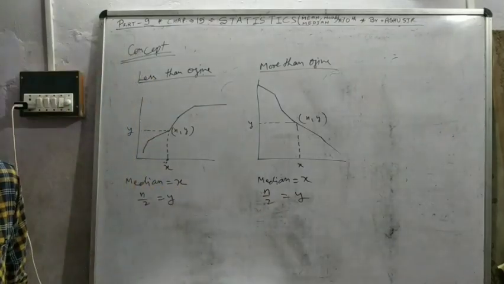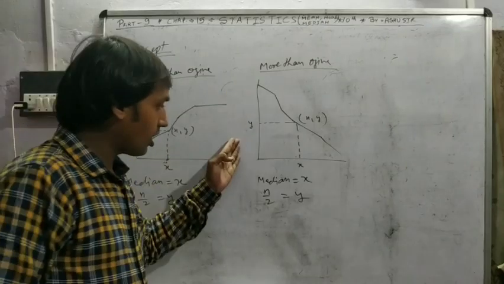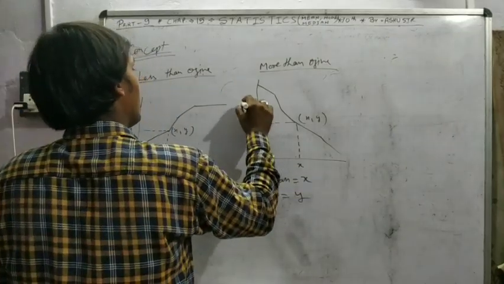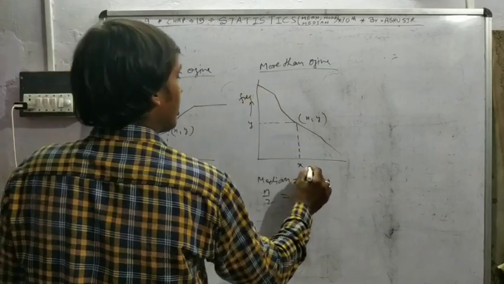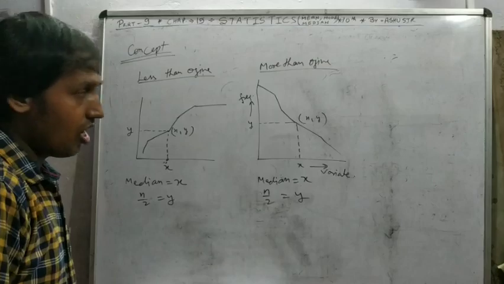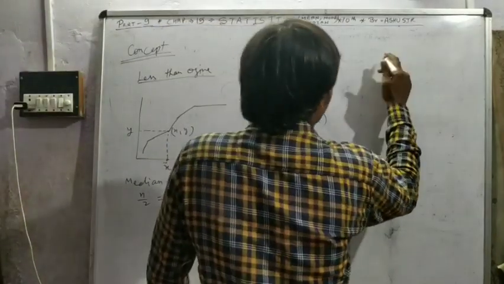Always frequency is here and variety is here. This is the frequency, this is the variate.